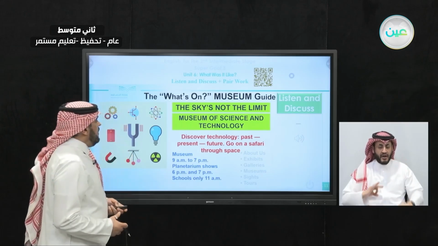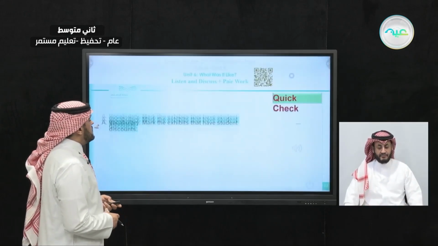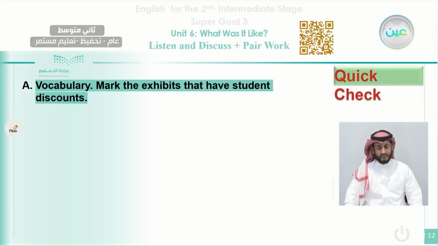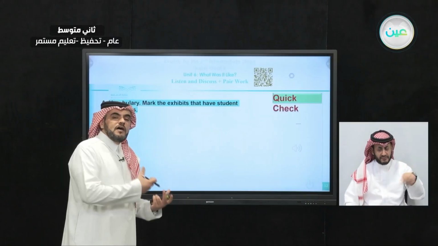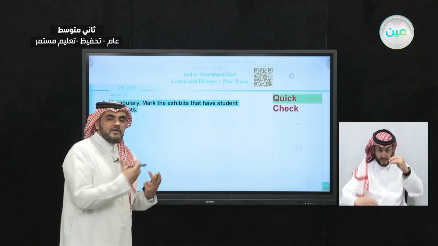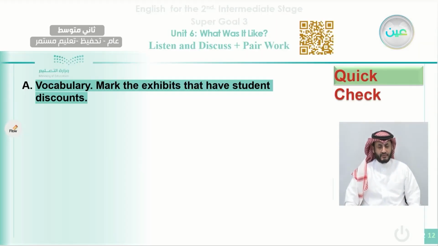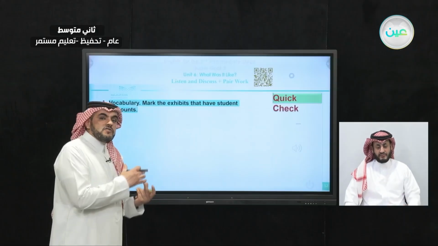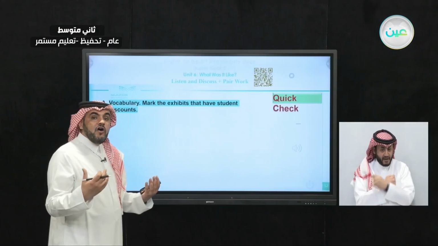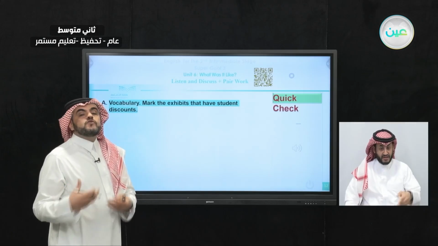Okay, and here we come to the second part of our class today. That is the quick check. What do we mean by check? We will check your comprehension and understanding of what we have said. Like here, vocabulary: mark the exhibits that have students' discounts. There are some exhibits or museums that offer discounts for students.